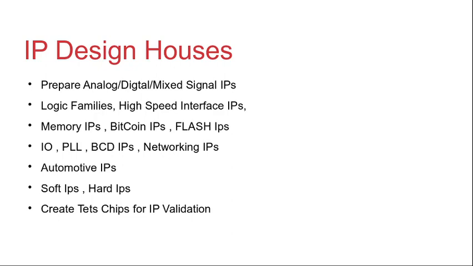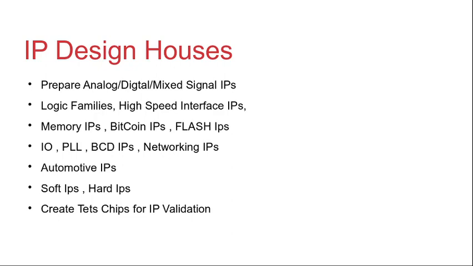Broadly, if it is digital, it will contain logic families and high speed interface IPs. Also a chip needs memory, so there will be flash memory and SRAM memory. Bitcoin IPs are nowadays very popular because of Bitcoin mines.